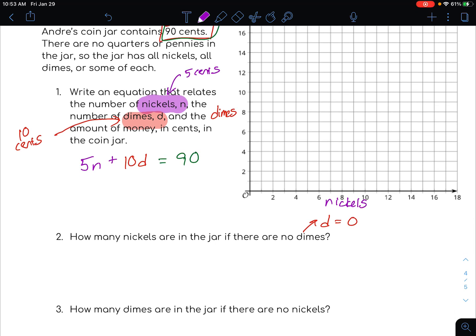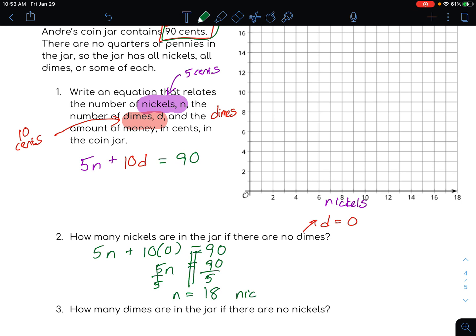Let's plug that into our equation up here. So 5N plus 10 times 0 equals 90, because we said no dimes. Which really means 10 times 0 is 0, so that means 5N is equal to 90. And then dividing by 5 to undo multiplication, 90 divided by 5 is 18.